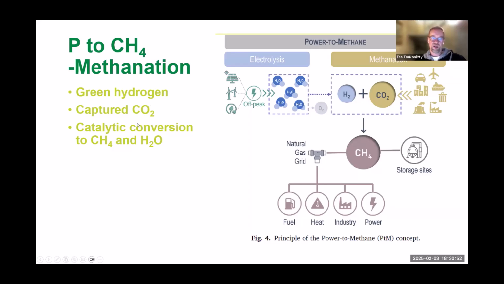Then the other ingredient is carbon dioxide, and we haven't covered this very much during this course, but some of the articles describe the typical methods and sources for CO2. Carbon dioxide and hydrogen are then processed with classical catalytic conversion, so high temperature catalytic materials, and you end up with methane and water as products.